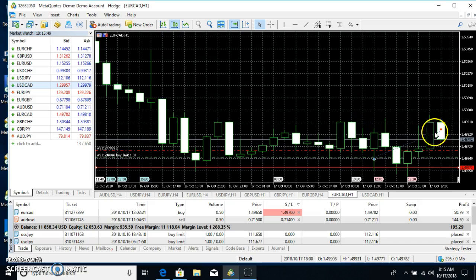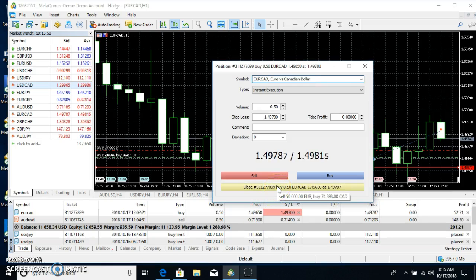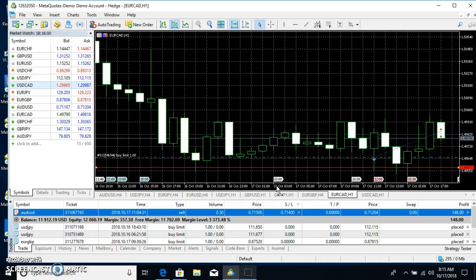Let's see. See it's coming down? Should be out that trade. And take it again if it hits me. It would probably retract, go back up.